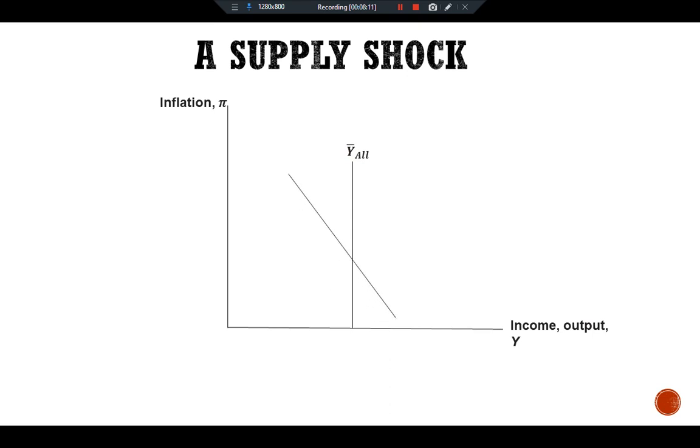We have a downward sloping dynamic aggregate demand curve at all points, all the time. We have an upward sloping aggregate supply curve.